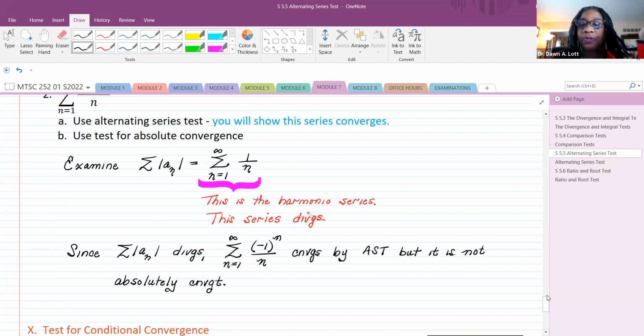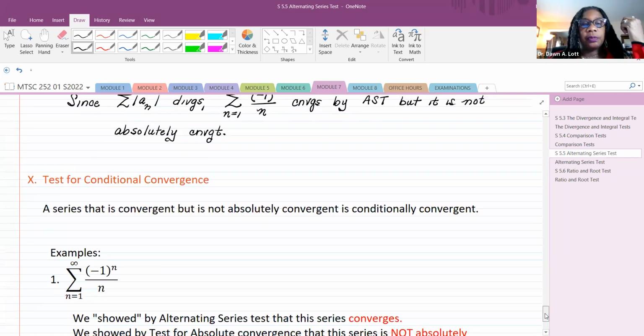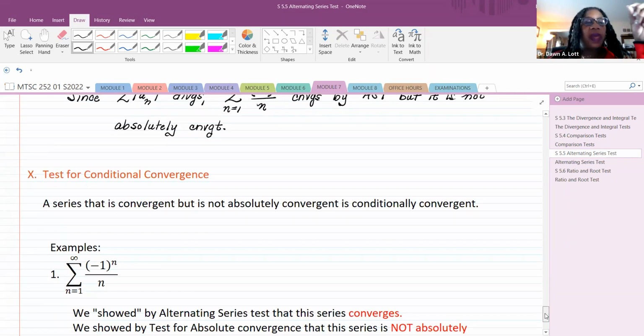But we have a term for series that have that behavior. A series that is convergent, but is not absolutely convergent, is called conditionally convergent, meaning it only converges with the -1 to the n, but when you take the absolute value of the terms, it does not converge. So for this one, this one gets a special name now.